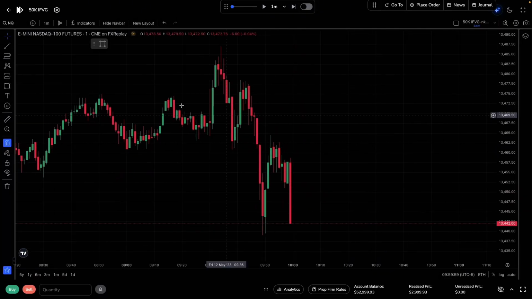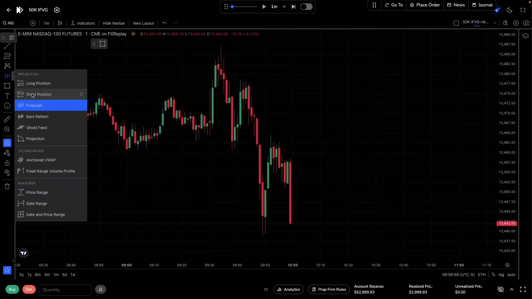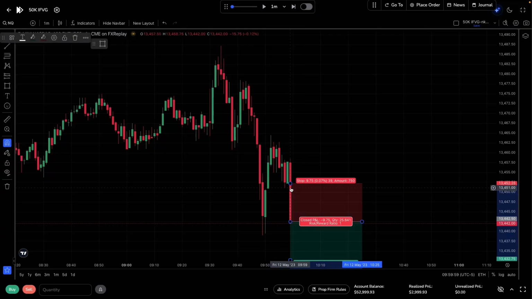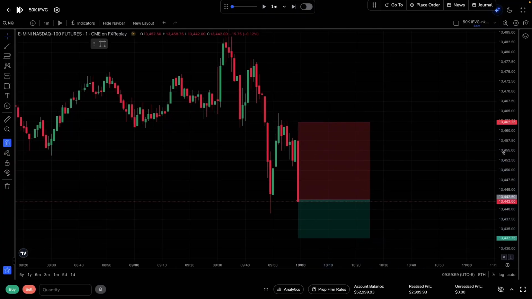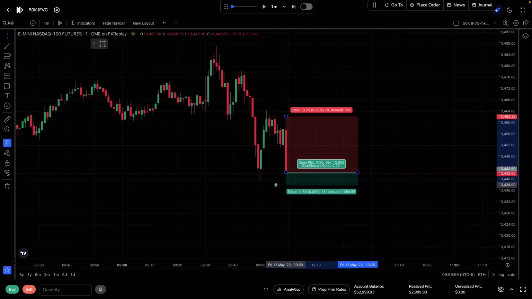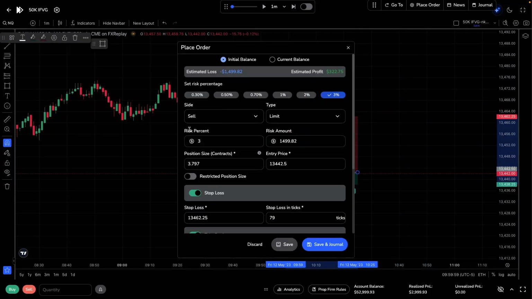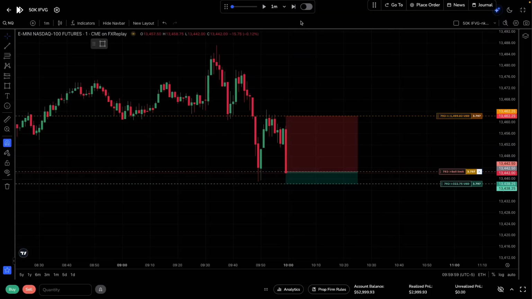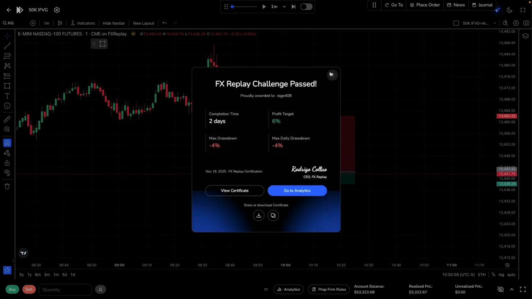Okay. So this trade I'm about to take is very bad, but since we literally only need $1, I'm taking this right here. Boom. Just whatever. Do that. Alright, nice. Pass that account in 2 days. It's really that easy. 2 trades, 2 days.